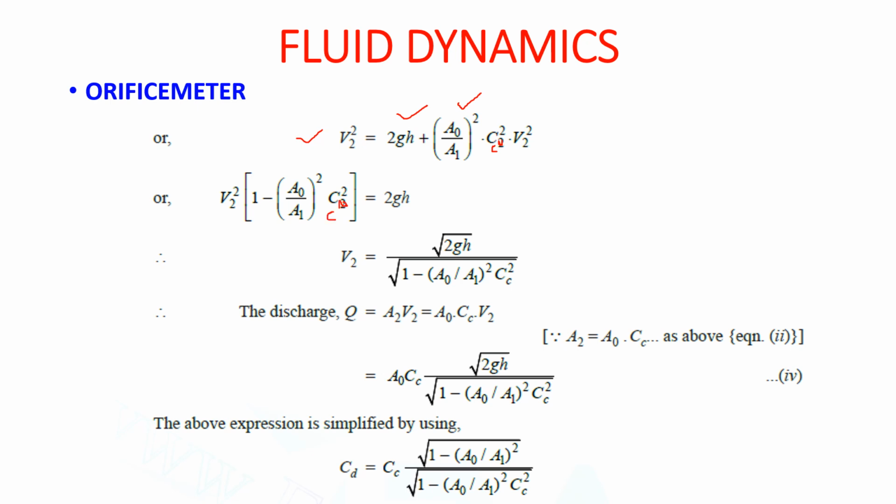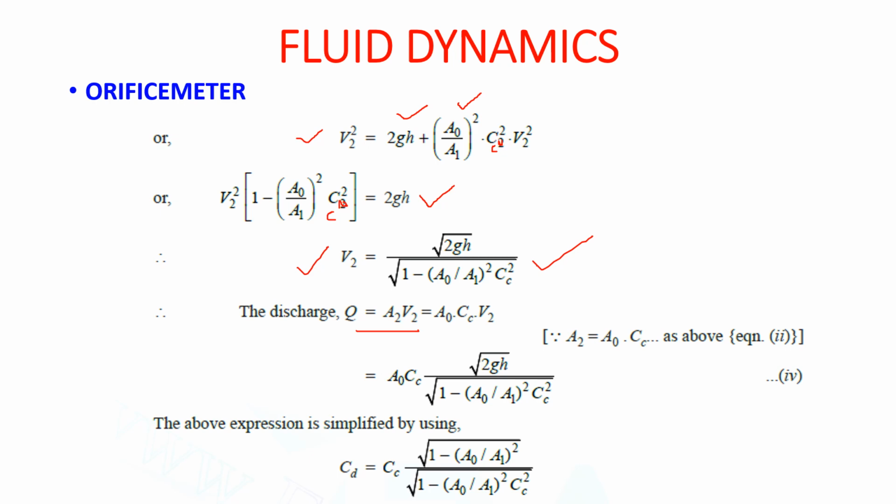We have kept this 2gh on the right hand side and the V2 terms have been taken to the left hand side. So what we get is V2 equal to under root 2gh divided by under root 1 minus (A naught by A1) square into Cc square. But Q is the discharge, and we require the value of discharge. The discharge is also equal to A2 V2.